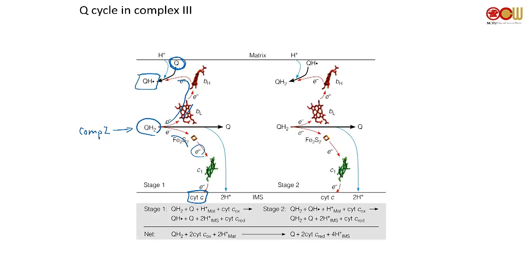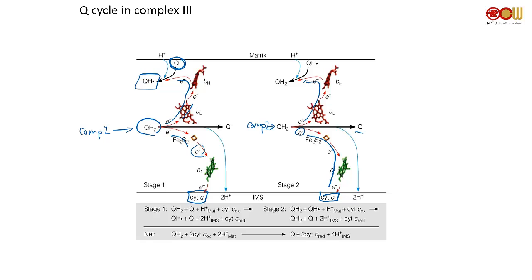可以吗? Alright. Stage 2, you have another QH2 that comes in and it becomes Q. Another homolytic cleavage. Okay, you cut it out. And again, 1 electron goes to cytochrome C. Another electron goes up.